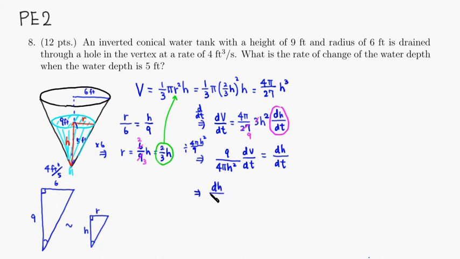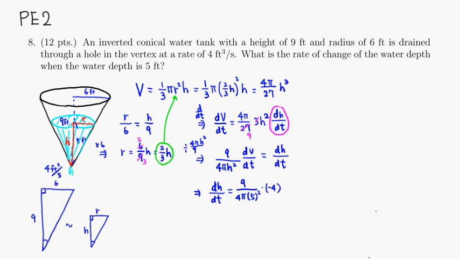Since we're looking for the rate of change of the depth, dh over dt, we get this: dh over dt is equal to 9 over 4 pi times h squared. 9 is a number, and 4 pi is a number. At this point, h is 5 because the depth is 5, so 5 squared. Then times dV over dt. Since the water is drained at the rate of 4 cubic feet per second, dV over dt is -4.